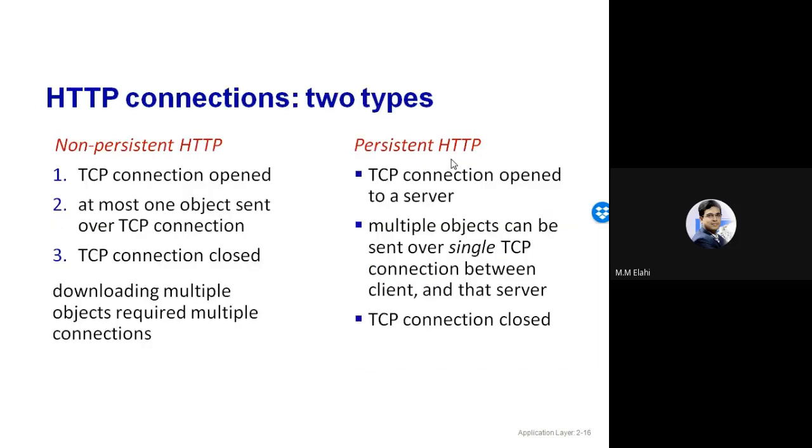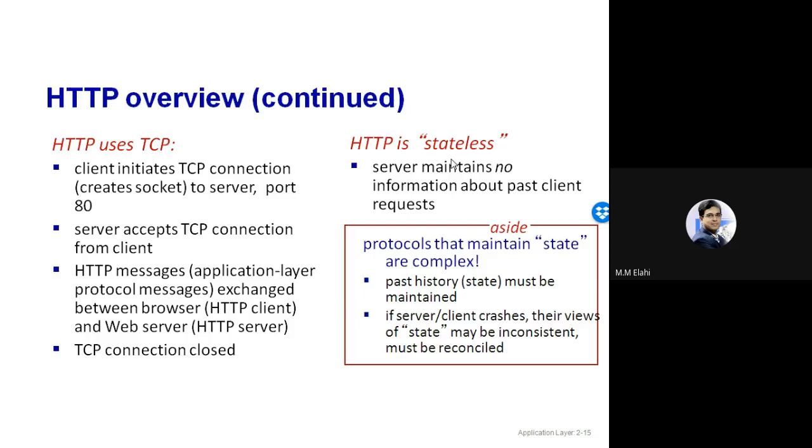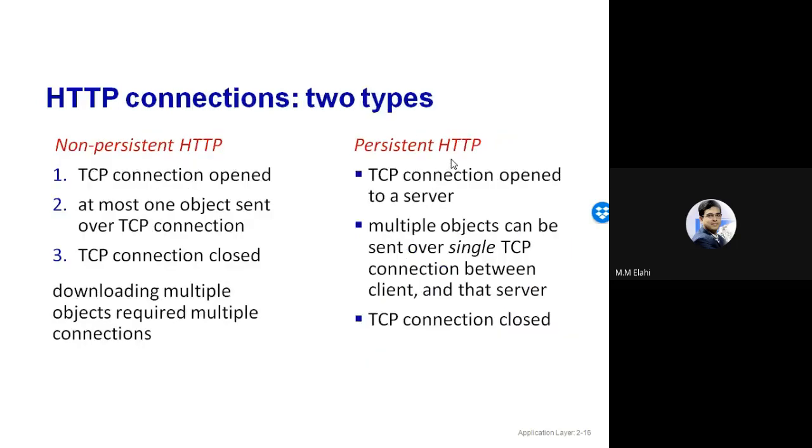Now, there are 2 types of connections. See what we said here. The client establishes a connection, request, response, then the connection is closed. But if you have 10 objects, then maybe each time you establish a connection, you transfer a file, and again you have to establish a connection. Establishing a connection will take time, right?